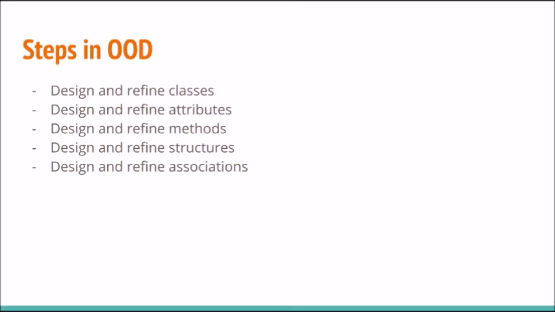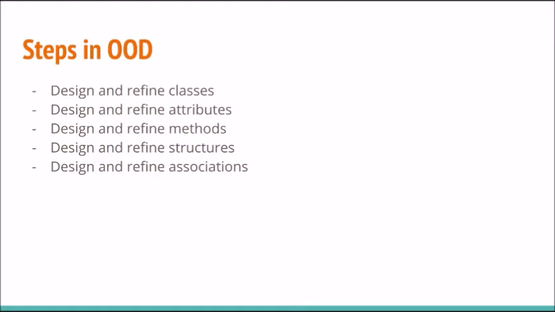In this particular slide, we will discuss some steps that are implemented in OO design. First, we design and refine the classes, and next we design and refine the attributes of the classes, such as the variables, instance variables, and local variables.